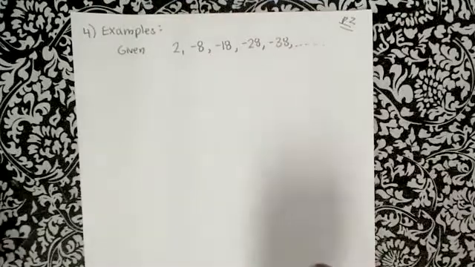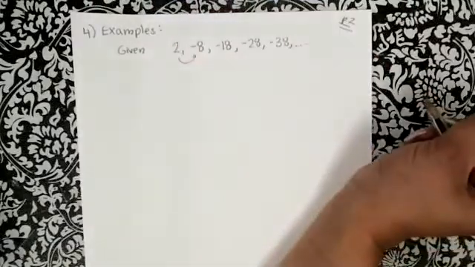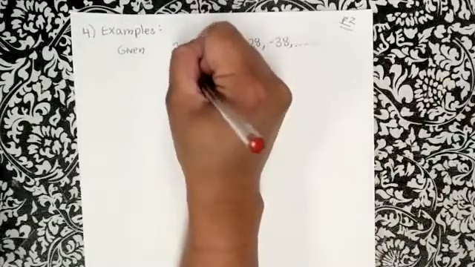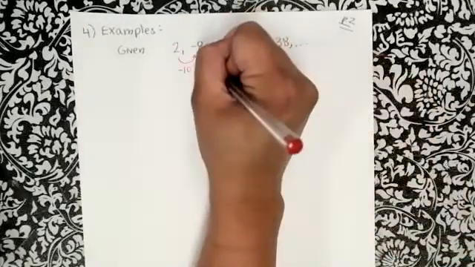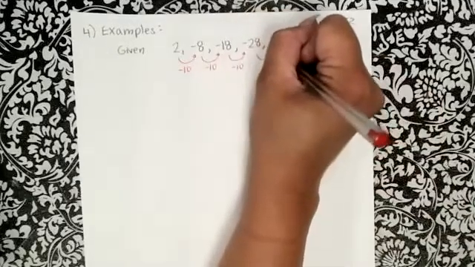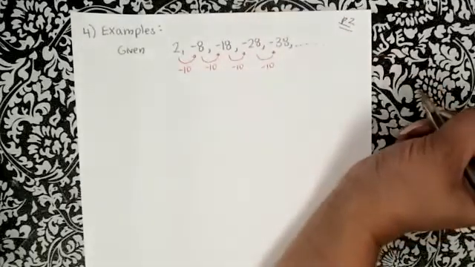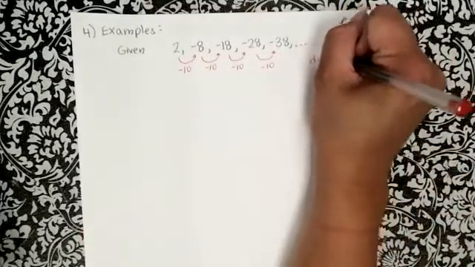So let's see our common difference here. To go from 2 to -8, it's going down by 10. And then from -8 to -18, that's -10, -10, -10. So that is your common difference. So my common difference is going to equal -10.